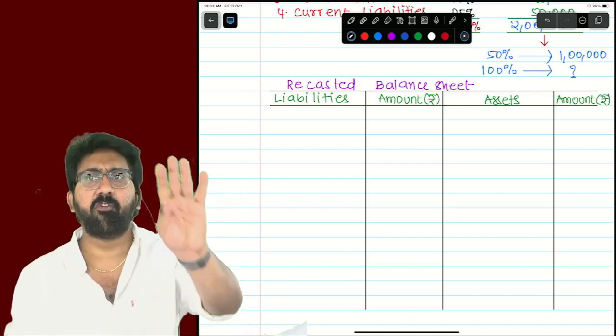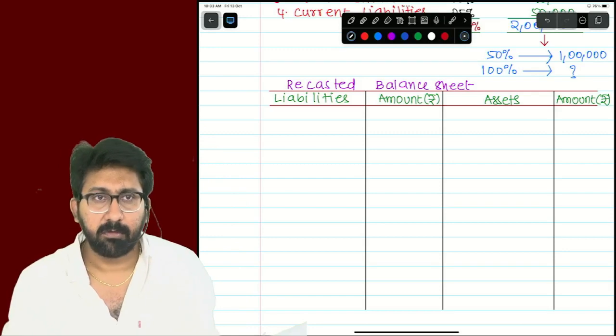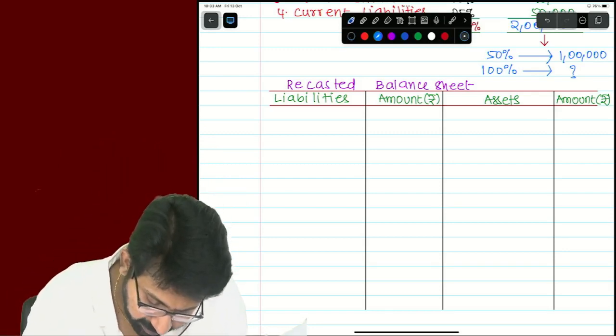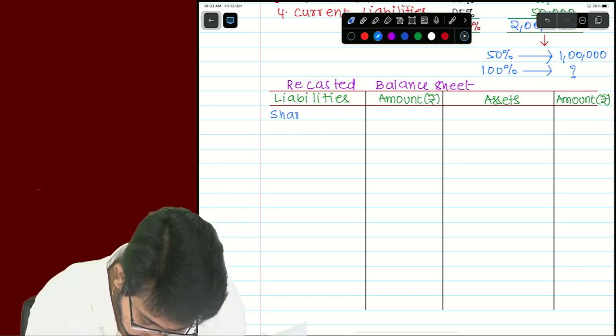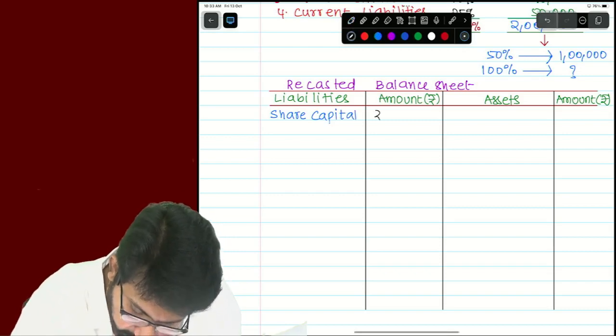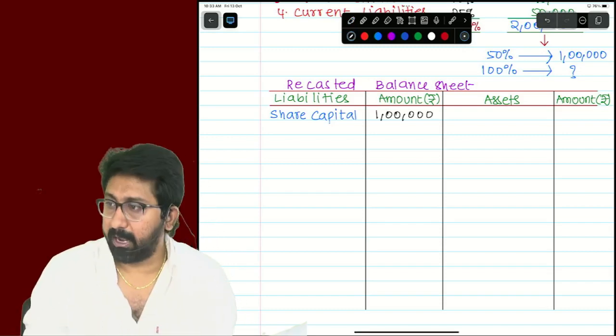First tell me, 4 numbers we already know now. What are the 4 numbers? Write down those 4 and fill that. Share capital, rupees 1 lakh.